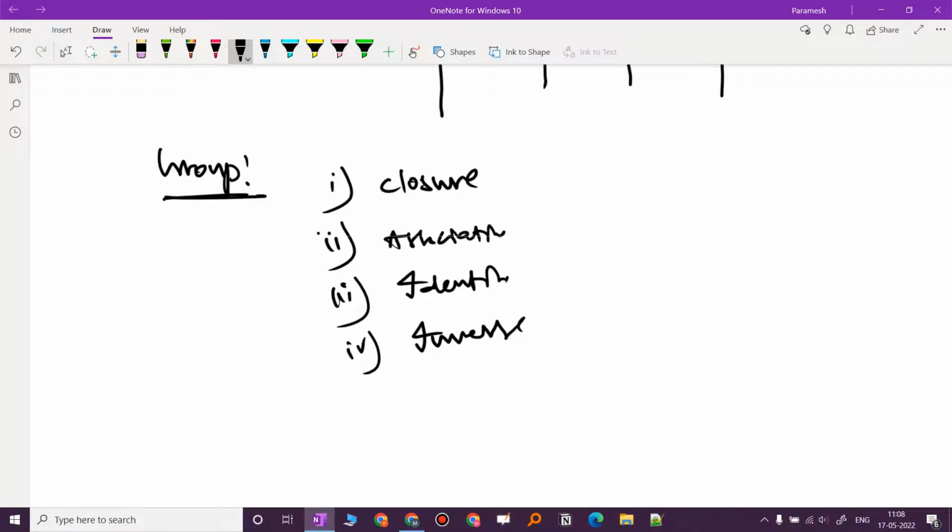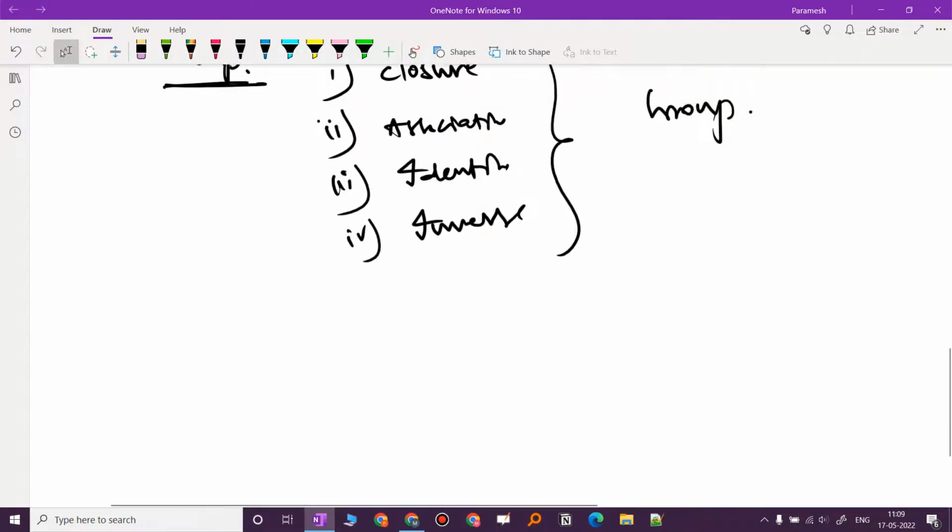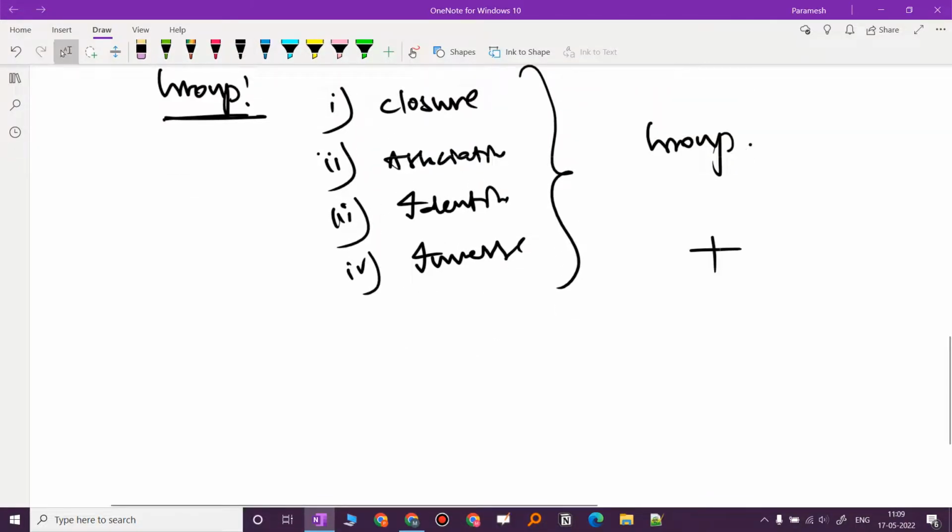Any non-empty set, any number set that satisfies these four properties, then only we can say that it is a group. And if a group also contains the commutative property, then it is said to be an Abelian group.